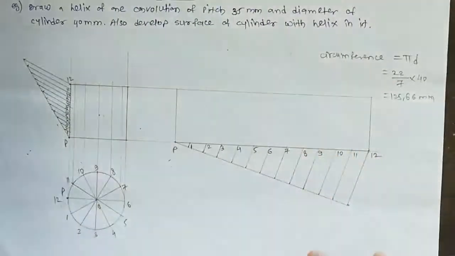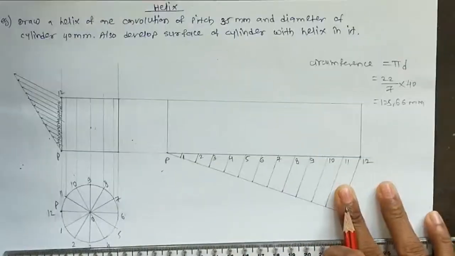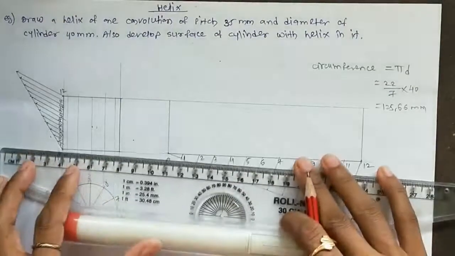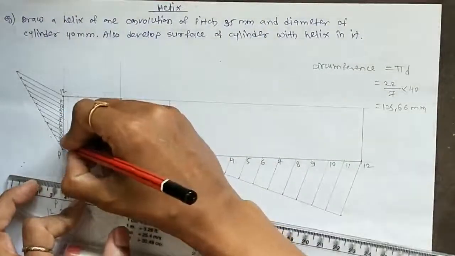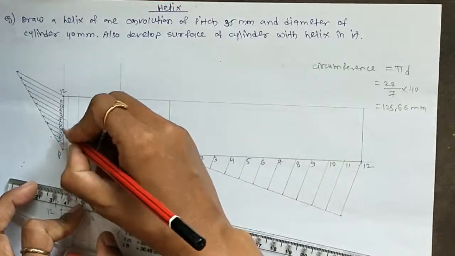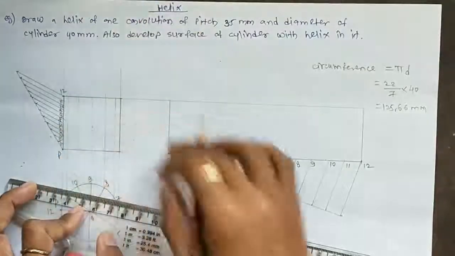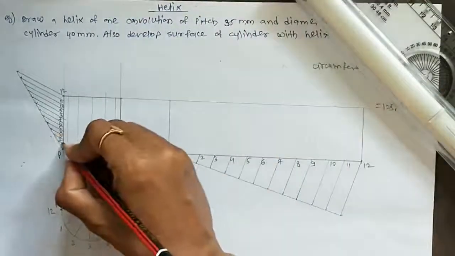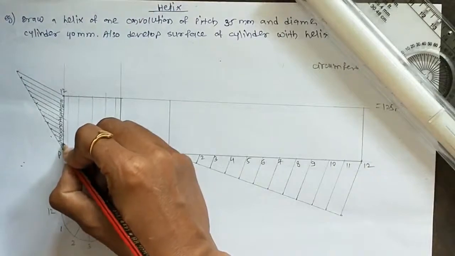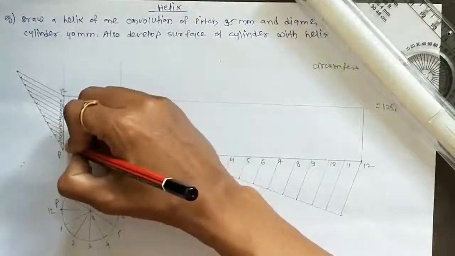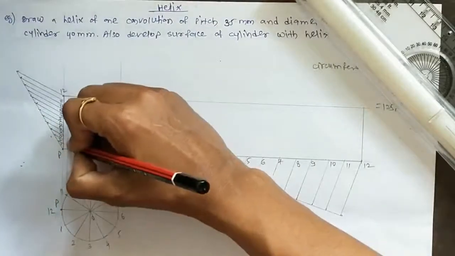Now next take a horizontal line from this 1, 2, 3, 4 up to 12 points, and the horizontal line from point 1 will touch the vertical line from point 1.